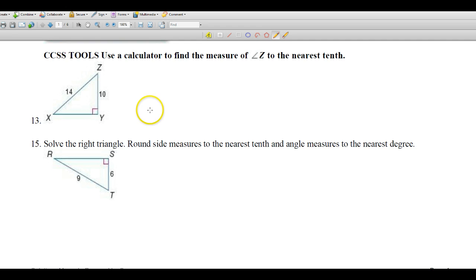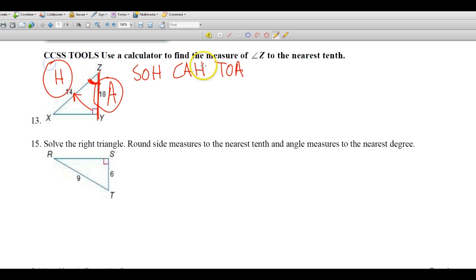For number 13, use a calculator to find the measure of angle z to the nearest hundredth. So for angle z, the information that we have here is we have the side next to the angle, so that is the adjacent, and we're also given the hypotenuse. So from SOHCAHTOA, the only trig function that uses both adjacent and hypotenuse is cosine.